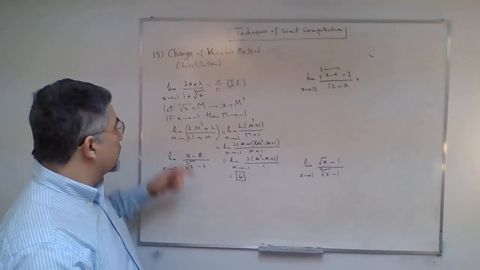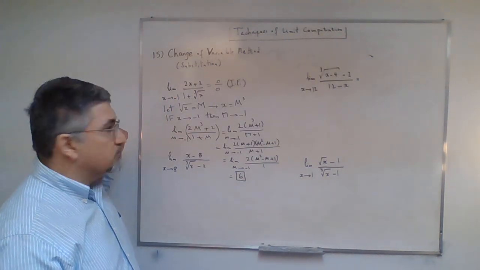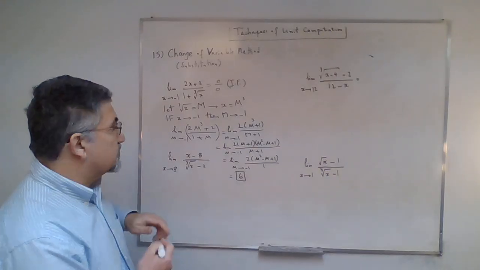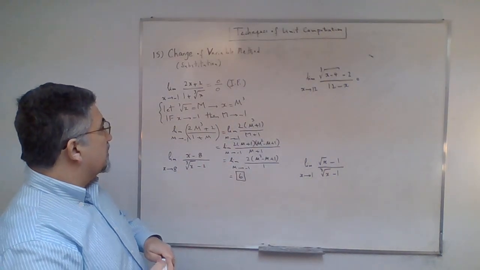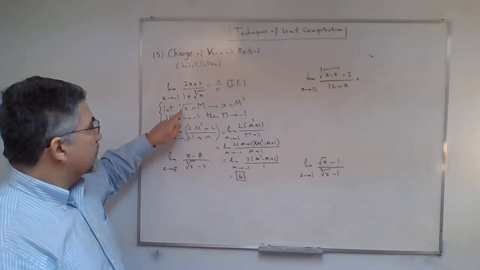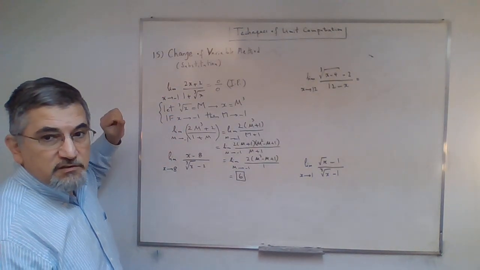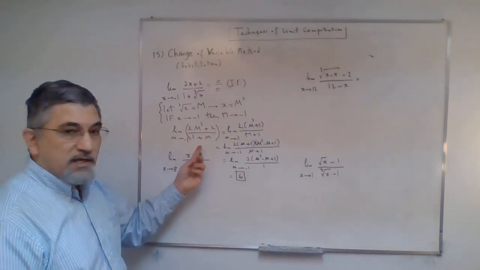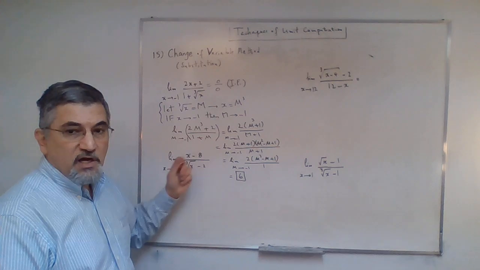Originally we had a cube root. We thought it was going to be very difficult, but thanks to this method of change of variable, when we substitute m for the cube root of x, the original limit is converted into a limit where we have polynomials in the numerator and denominator.